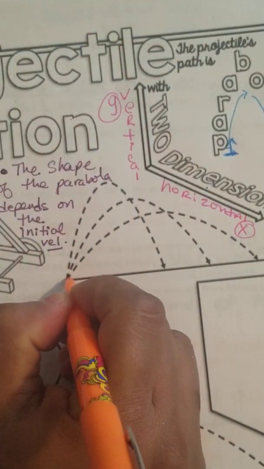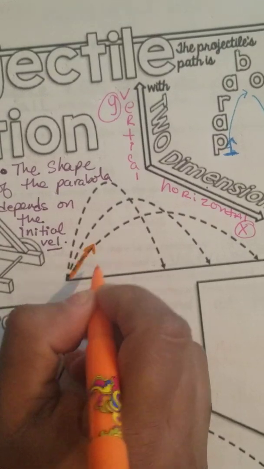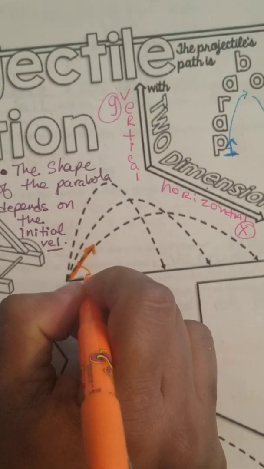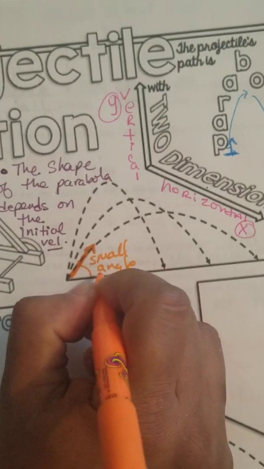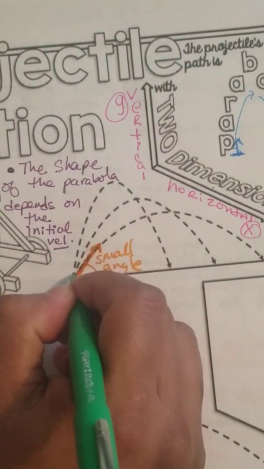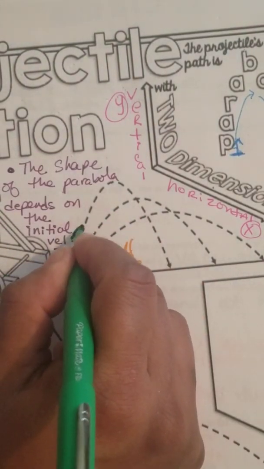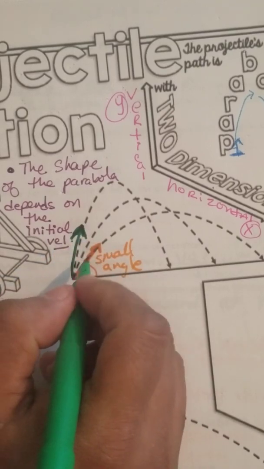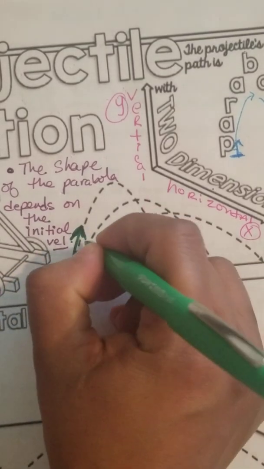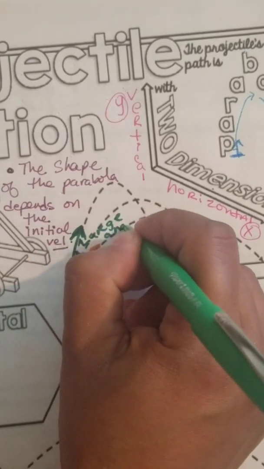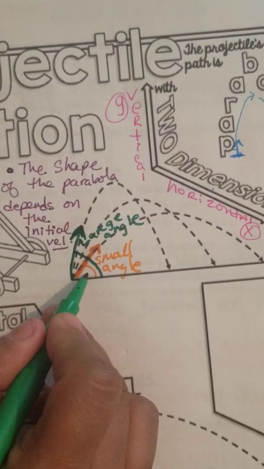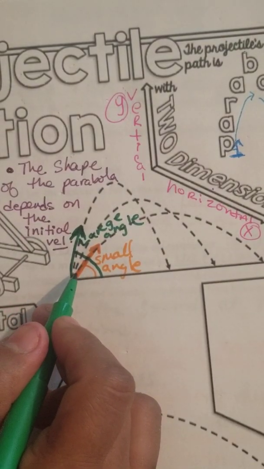Okay? If we come over here and look at it this way, we can see that, for example, this one right here has a small angle. But if you come over here and look at this top one, you can see this one has a large angle. Okay, you can see the thetas are different.